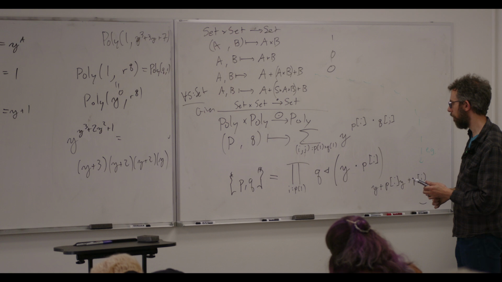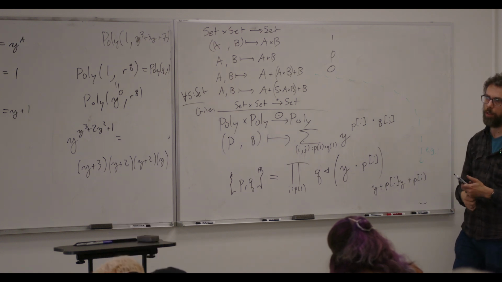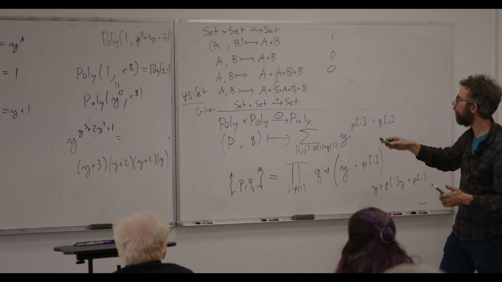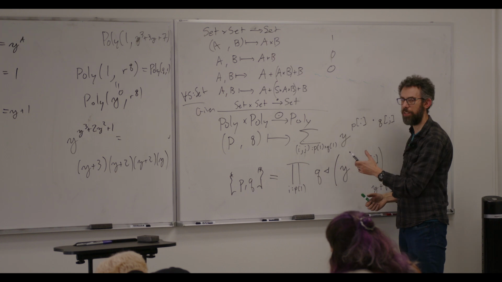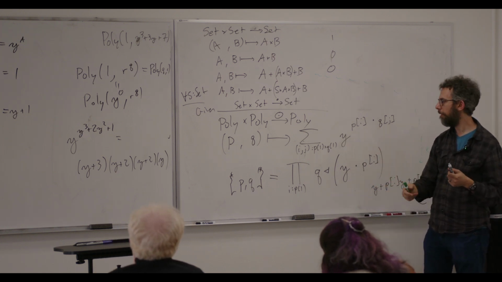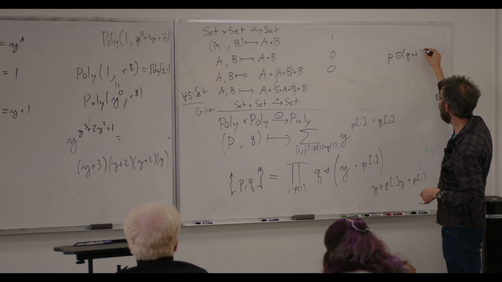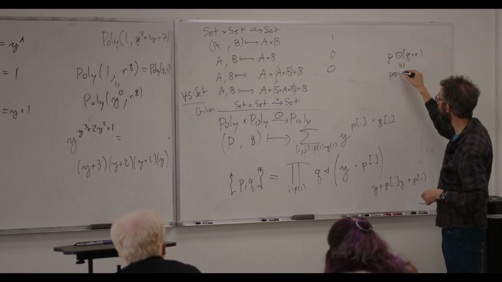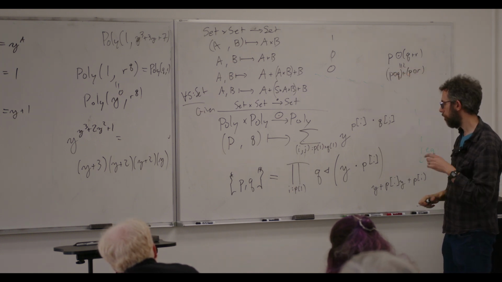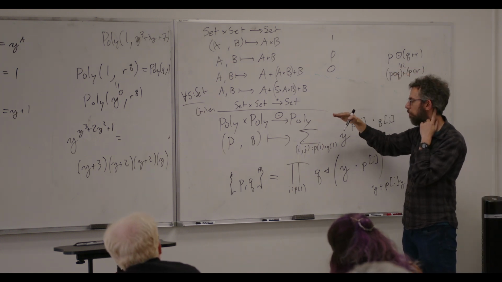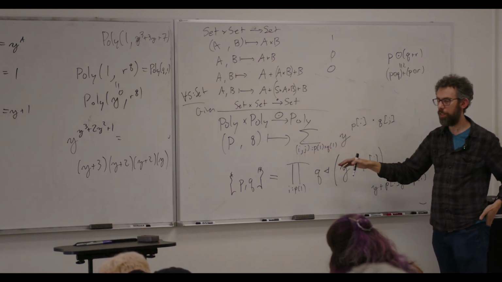Okay. So that's what I said in words before. Every monoidal structure on set, of which there are infinitely many, gives a monoidal structure on poly. It's a distributive monoidal structure, so P O dot Q plus R will be isomorphic to P O dot Q plus P O dot R. So for every monoidal structure on set, we get a monoidal structure on poly, which happens to be distributive, and happens to always have the same sort of positions.